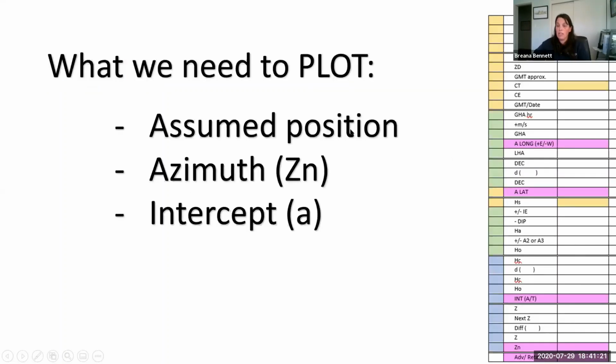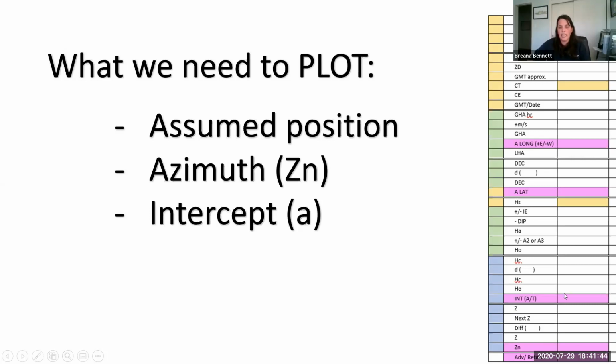So when we plot something, we need 3 things. We need the assumed position, so we have our latitude and longitude, and we get that from our nautical almanac section. And then we need our azimuth, which we get from the Pub 229. And then we need our intercept.